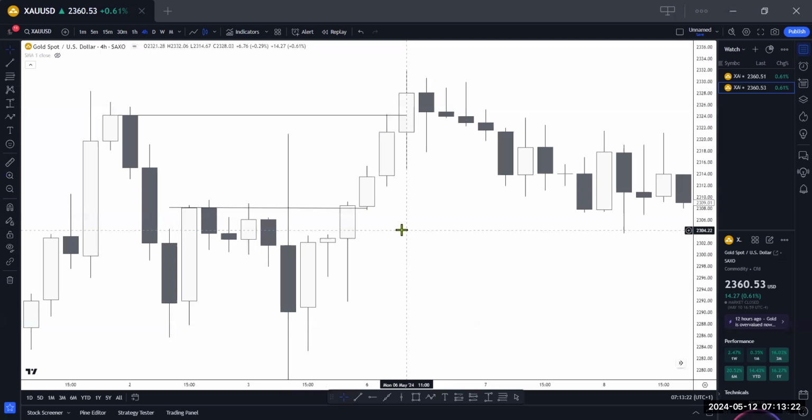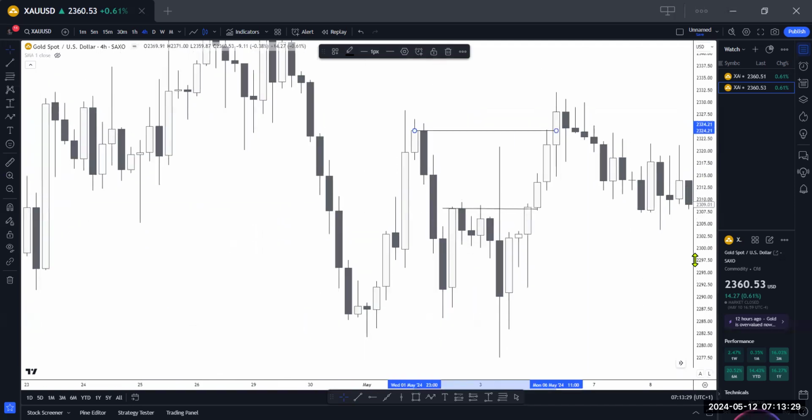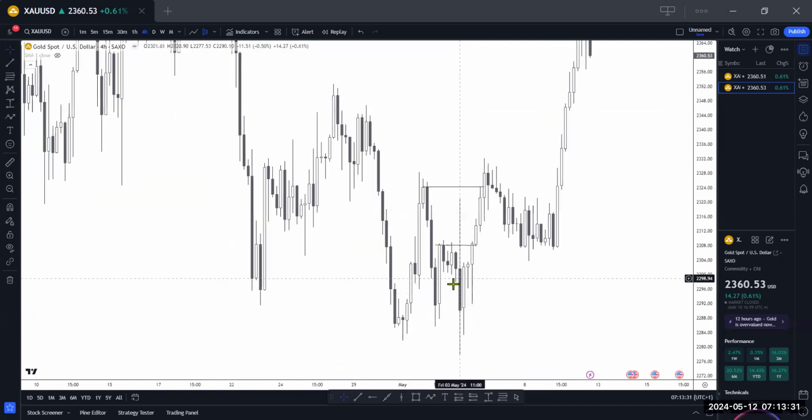So the interesting thing is these areas are areas we should have sold from, but price did not allow that sell. Price broke it, telling us that sellers are no longer in control. Buyers are now in control. That's what it's telling us.